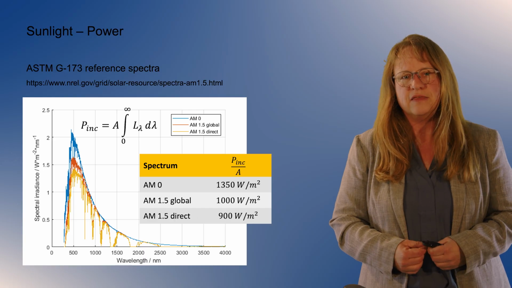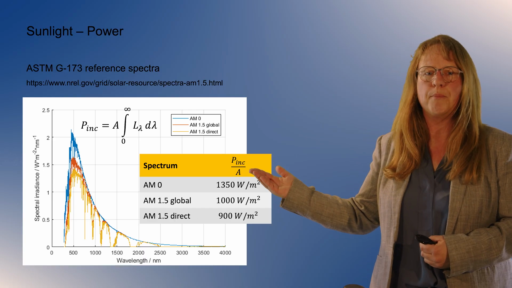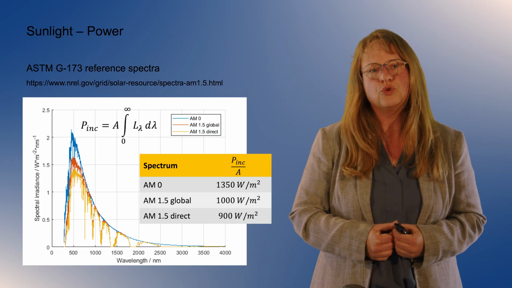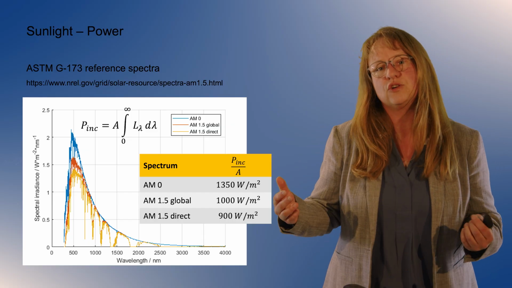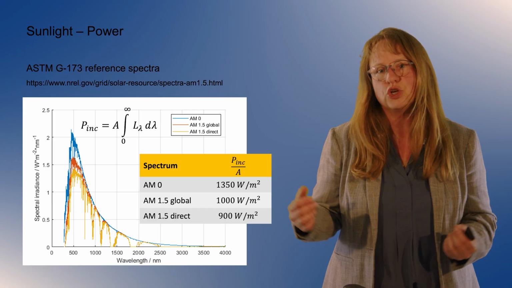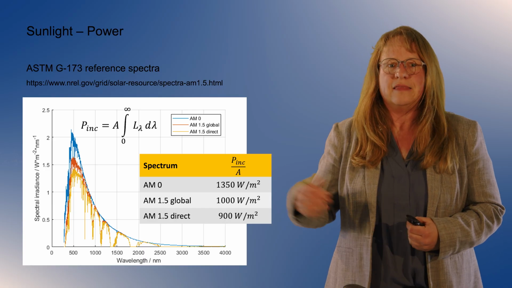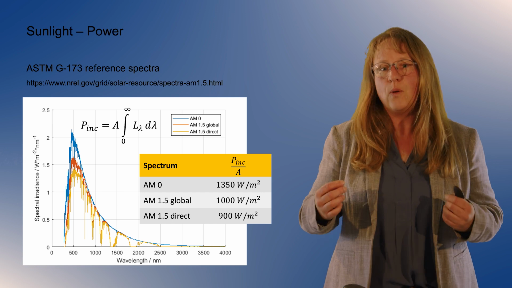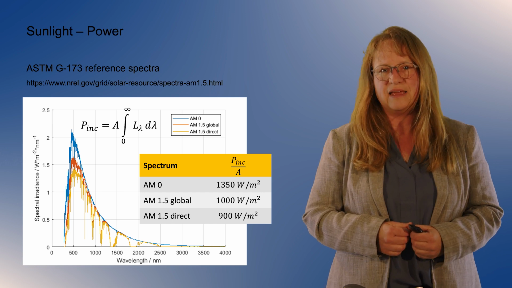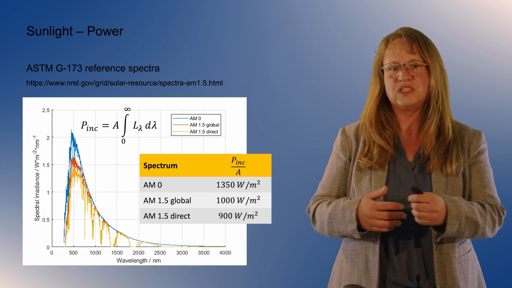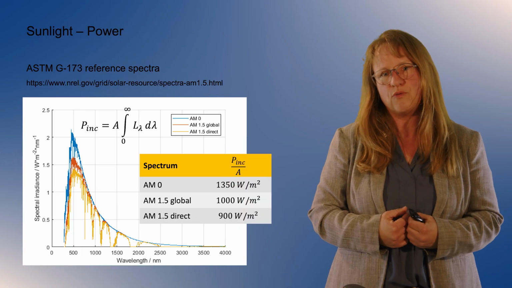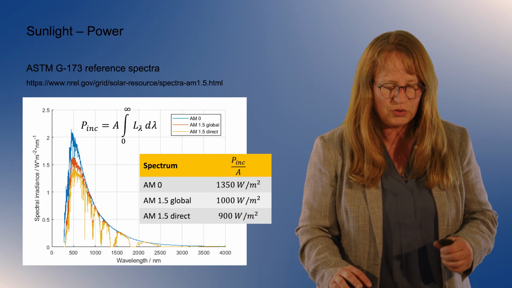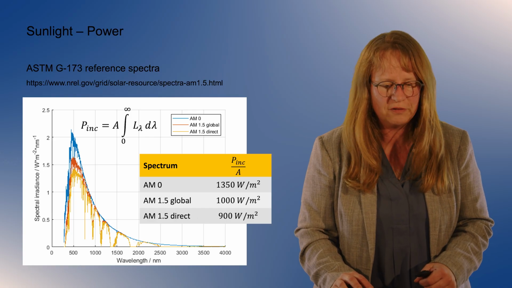So this is the incoming power per area, and of course to get the total power we need to multiply with the size of our solar cell or solar module. These spectra here are the reference spectra, as I told you. So now let's look a bit more in detail at how the irradiance is spatially distributed over different locations. And for this I will just show you on the web what we observe.